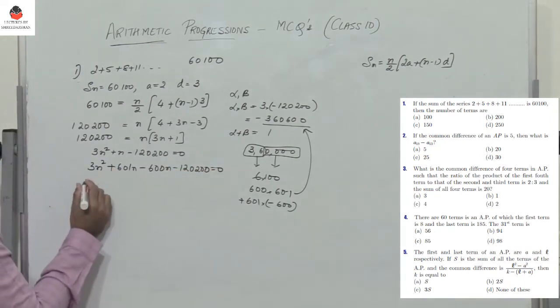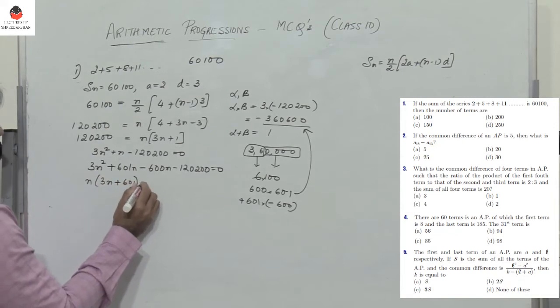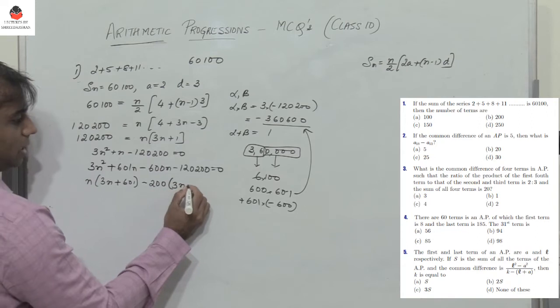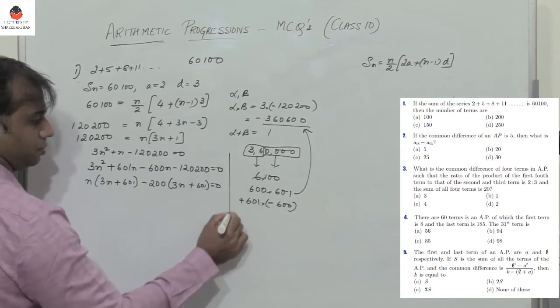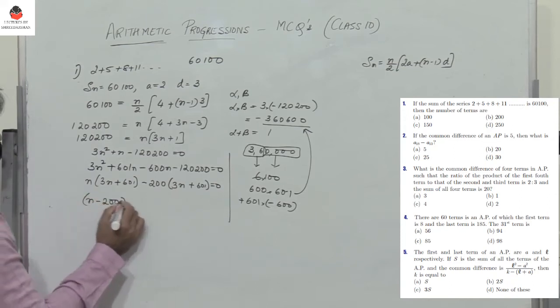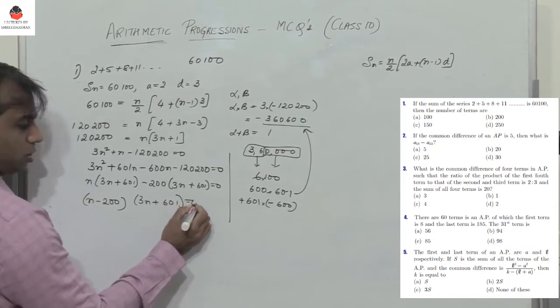So from these two you take n common, so you have n into 3n plus 601, minus, from these two you take 200 common, so you get 200 into 3n plus 601 equals 0. So you have n minus 200 into 3n plus 601 equals 0.